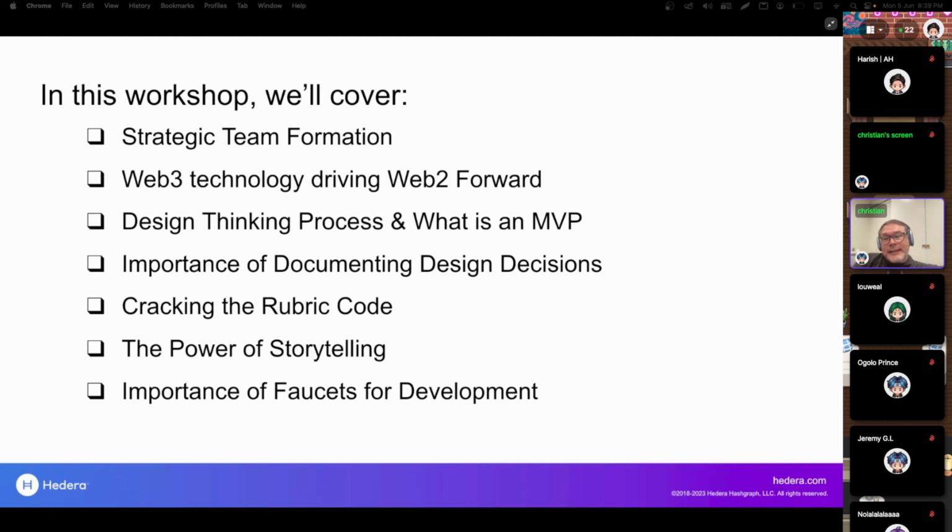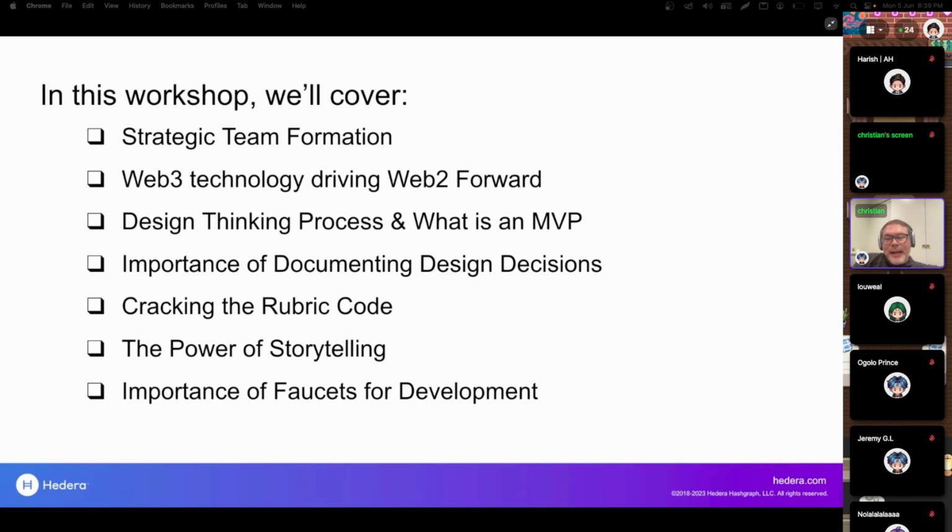So we're going to talk about things like how to form a great team, a little bit about the technology if you're not familiar with Web3 technology, how to think about designing your minimum viable product, that's an MVP, the importance of how to document design decisions, and then we're going to take a look at the rubric, which is the scoring system, which makes sure that you tackle all the right areas in the hackathon.